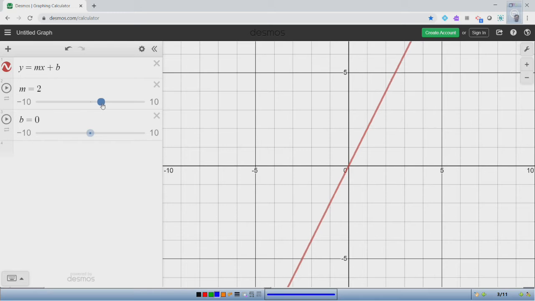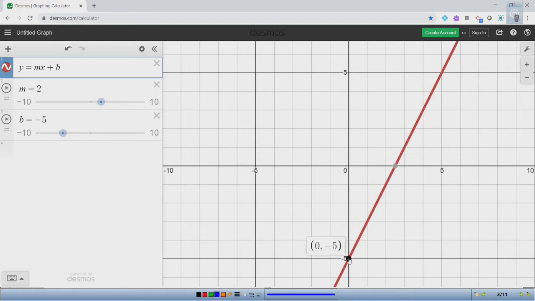Now let's look at what happens when I change b. I'm going to move this to let's say -5. Now the thing that I notice about -5 is, look over here. This is the y-axis. Where the line crosses the y-axis is called the y-intercept. And it's at 0 and -5.